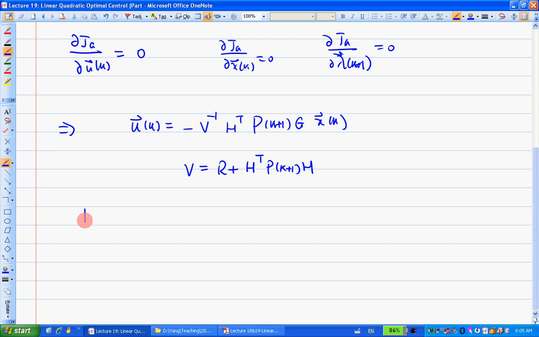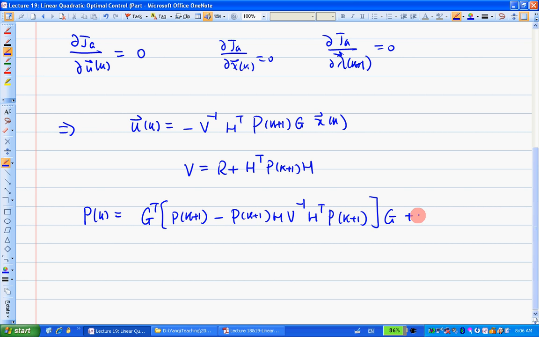And for the P here, it's basically coming from the discrete Riccati equation, which is the backward discrete Riccati equation: G transpose P of k plus 1 minus P of k plus 1 H V transpose H transpose P of k plus 1 G, plus Q. So this is the discrete Riccati equation.